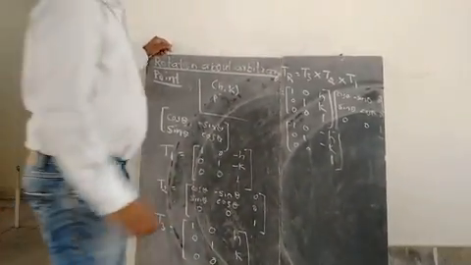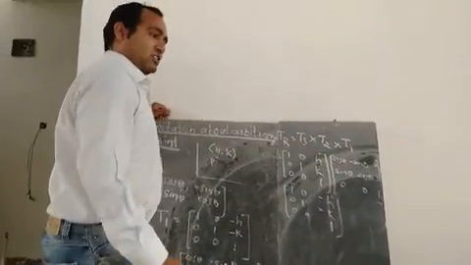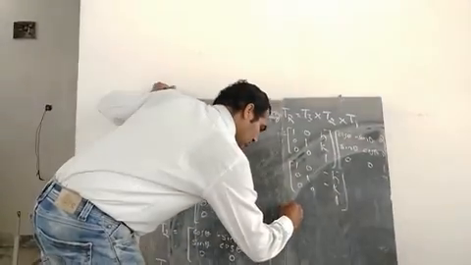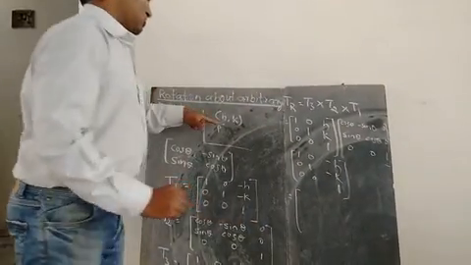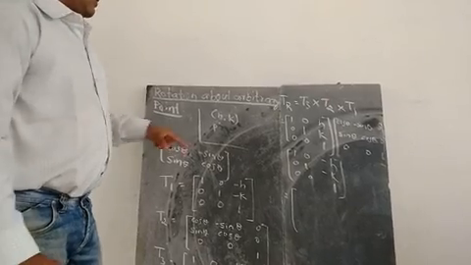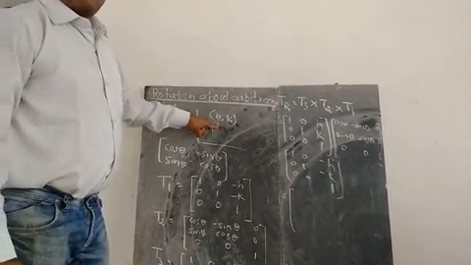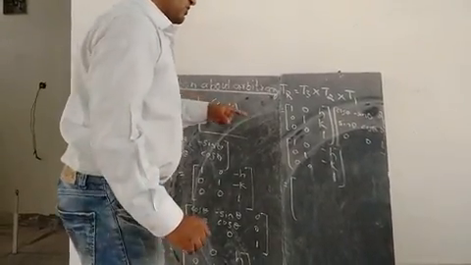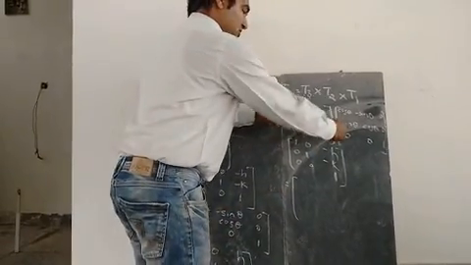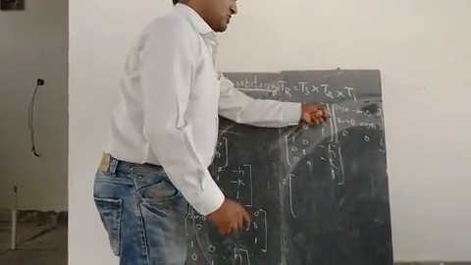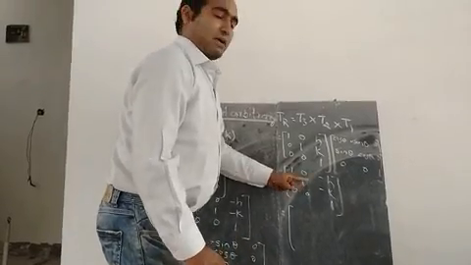You multiply these three matrices and you will get the rotation about this fixed point, or we can take it as any arbitrary point. So multiply these two matrices first, and then multiply the resultant of these two with this matrix.